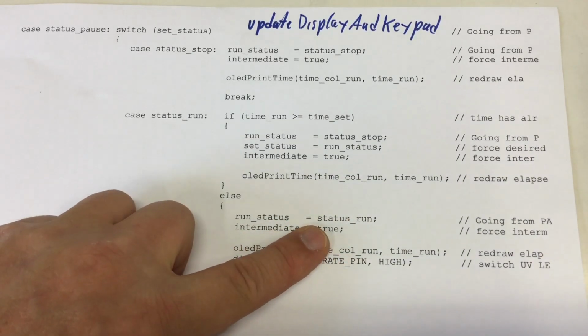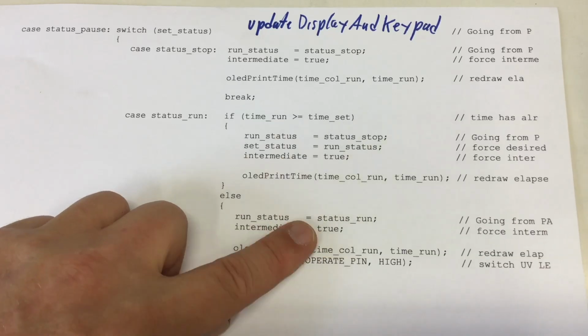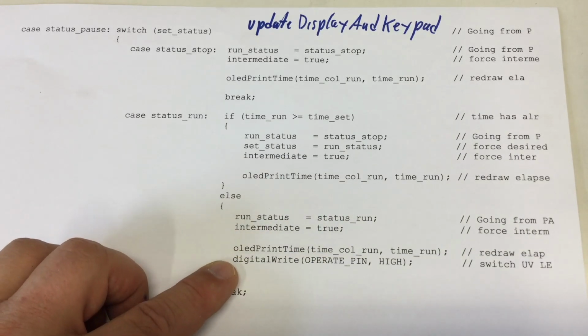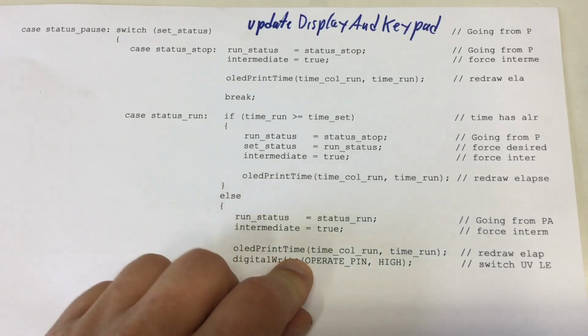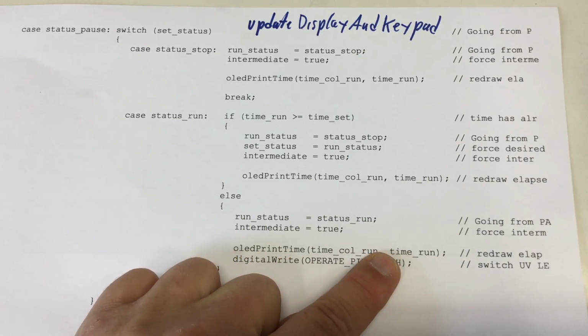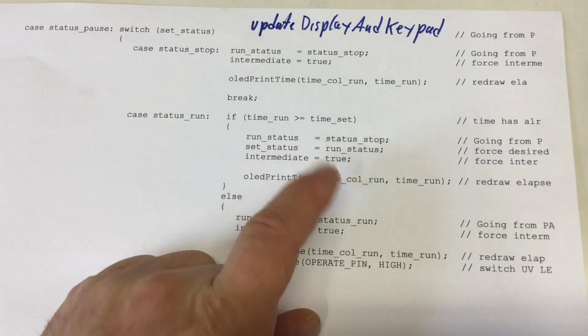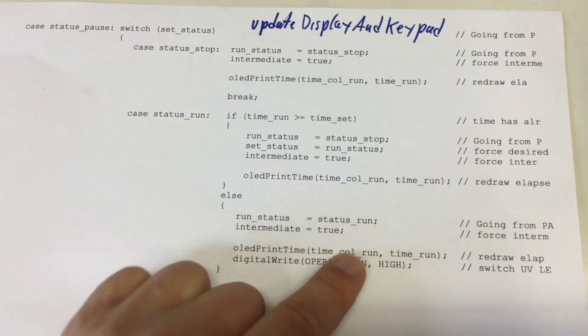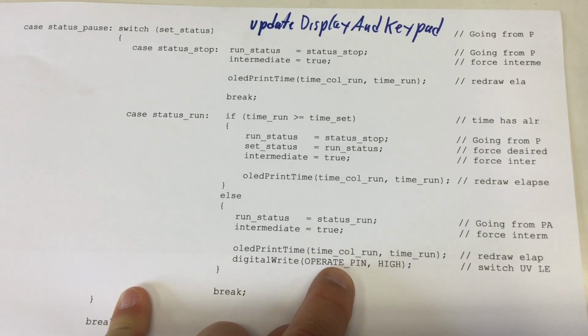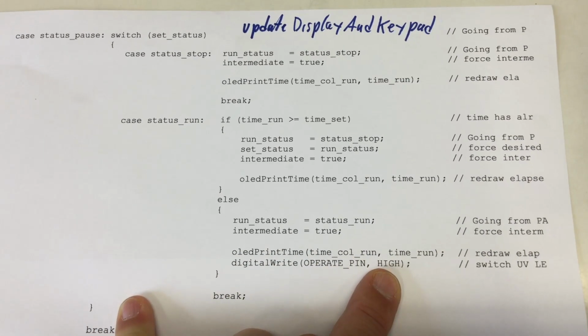I also force intermediate true for blinking purposes, and I will redraw the elapsed time again. So pretty much the same as above. Plus I will of course set the operate pin to high, switching on the UV LEDs.